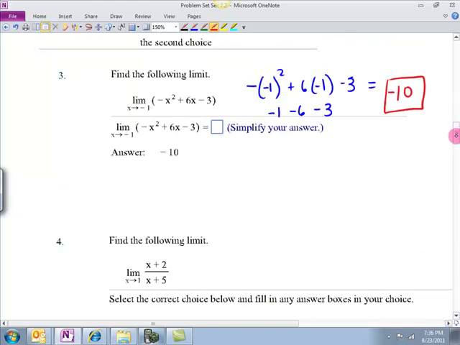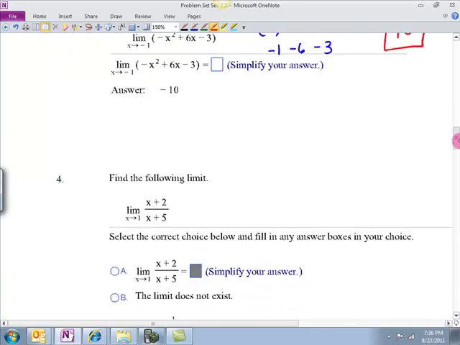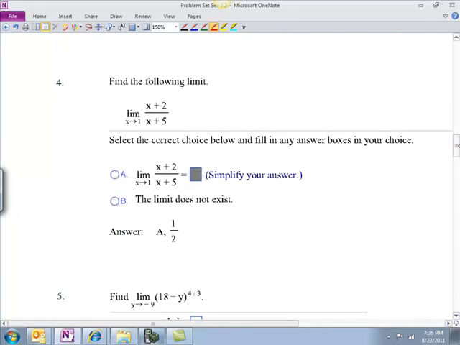Everybody got -10? Okay. You're going to get several at the beginning of your homework where direct substitution is fine. Just do it and you'll be fine. Can we substitute here? The limit as x approaches 1. Not a problem. So we have 1 plus 2 over 1 plus 5. And so it does exist, and you'll put 1/2 in the box there.